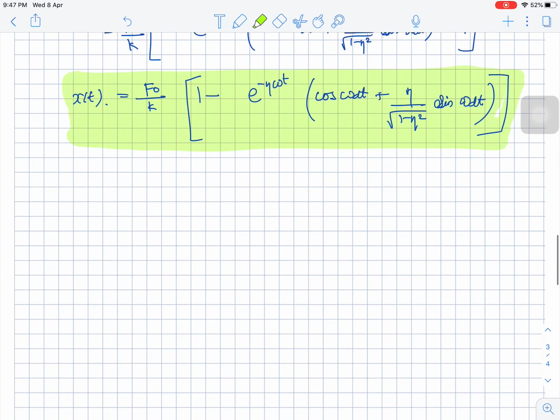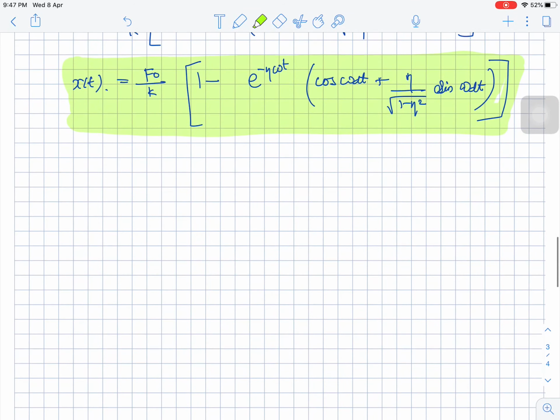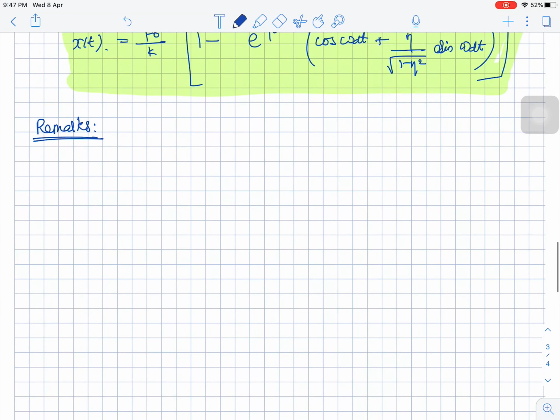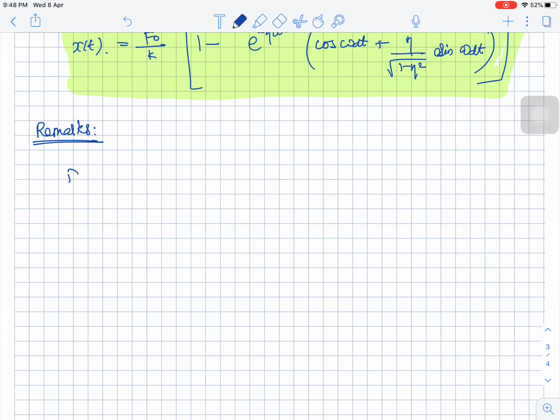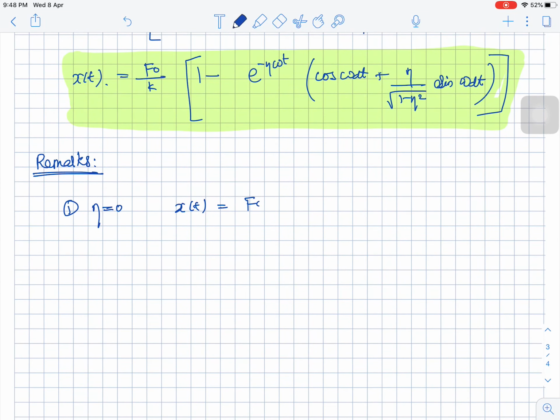Let's look at remarks of this response. The first one is when the damping is 0, then the response will be f naught by k times 1 minus exponential becomes 0, cos of omega dt, sine this eta goes to 0, so therefore this is the equation.